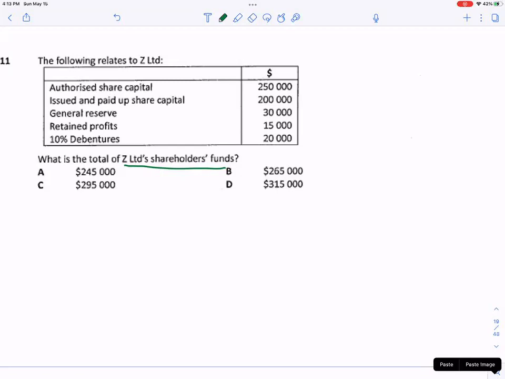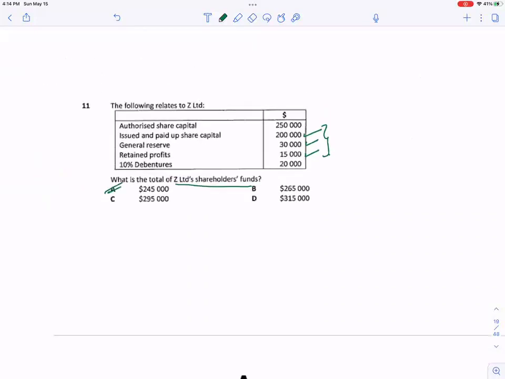Which three things will you add? 200,000 plus 30,000 plus 15,000. So this is 245,000. Option A, 245,000.